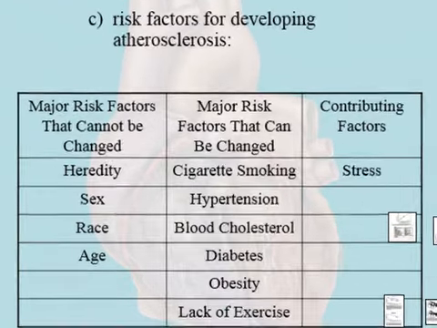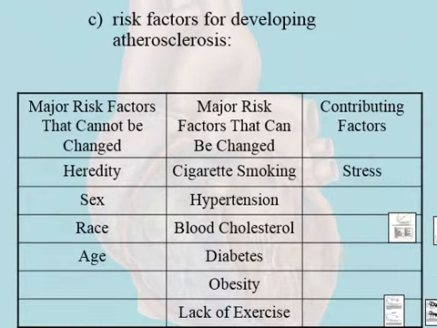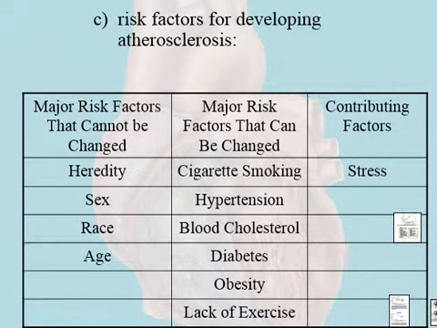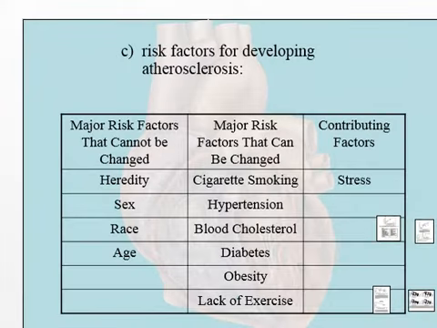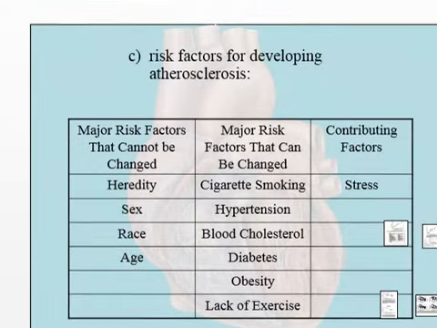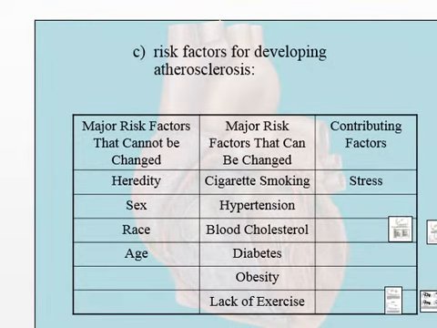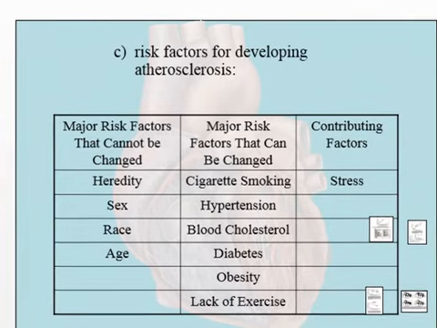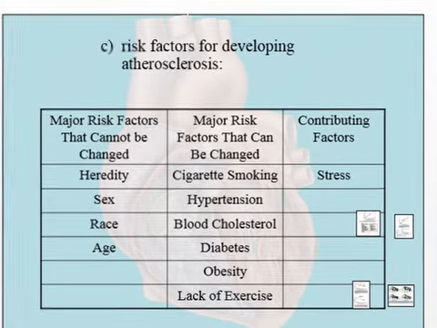There are other markers that they are working on to identify risk factors for developing atherosclerosis. Not that you need to know these, but they're looking at things like another lipoprotein called lipoprotein A. That seems to be linked to it. There's some recent evidence that a particular byproduct of bacteria in our gut, trimethylamine oxide, TMAO, increases your risk of developing atherosclerosis.